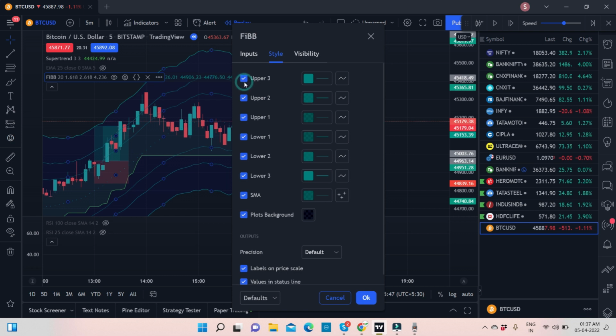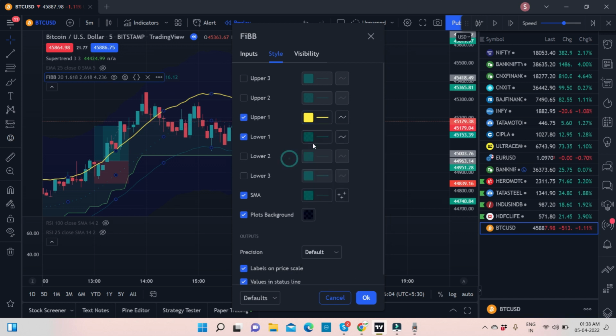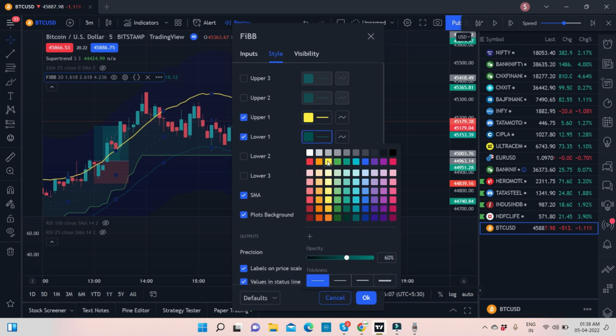Remove the upper 3 portion, the upper 2 part, lower 3 and lower 2. The only thing remaining is upper 1, which you're going to make yellow and a little thick. And I'm going to do the same for the lower 1.